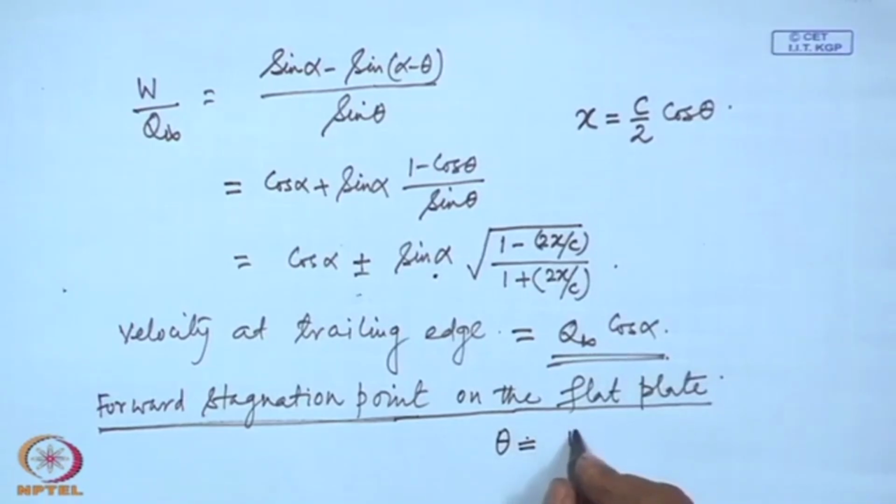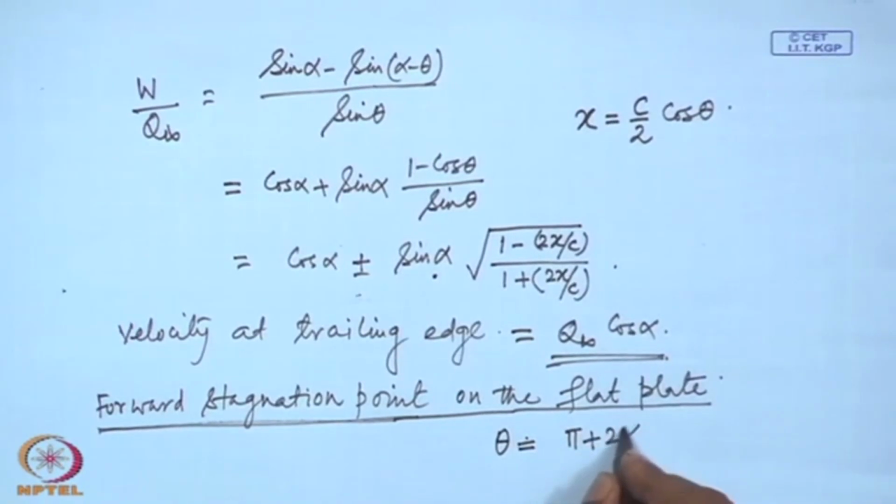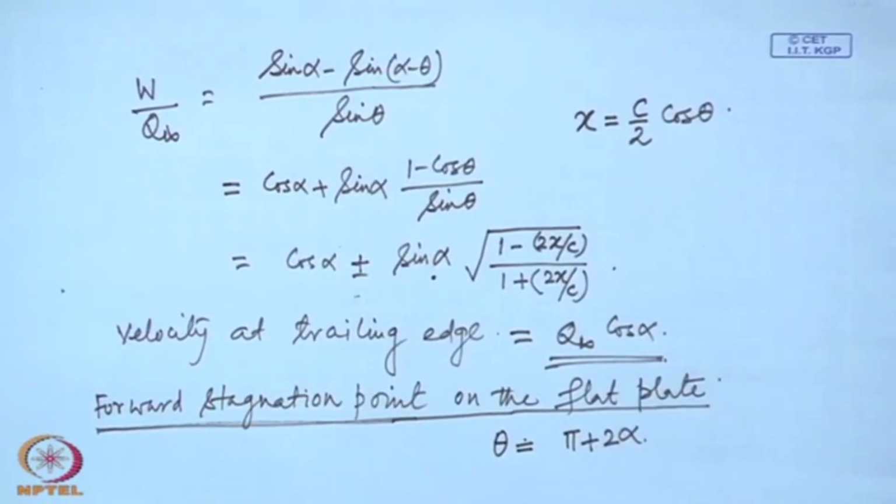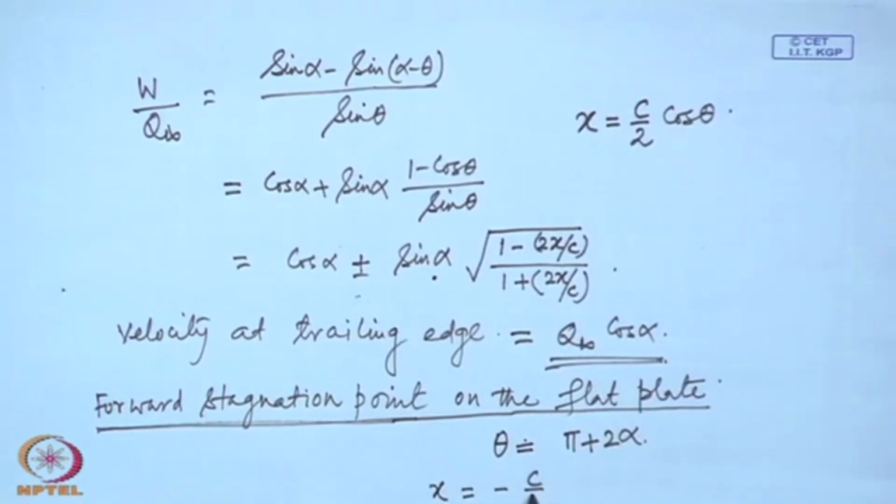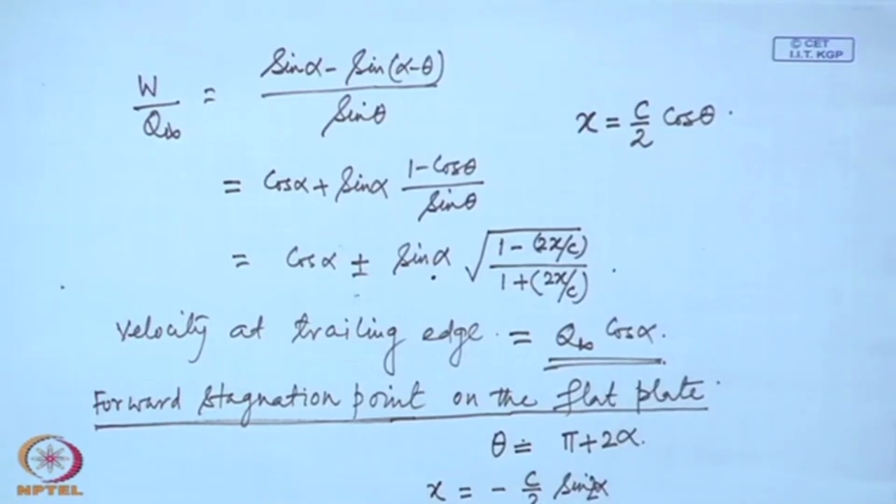Theta equal to pi plus 2 alpha. In terms of x, it is minus c by 2 sin 2 alpha. This is obviously on the lower surface.